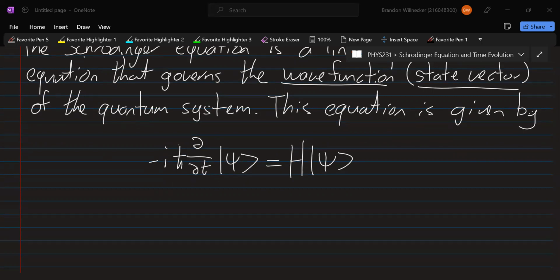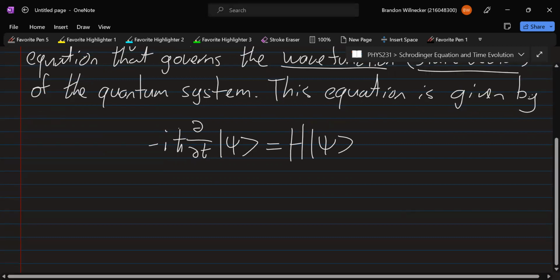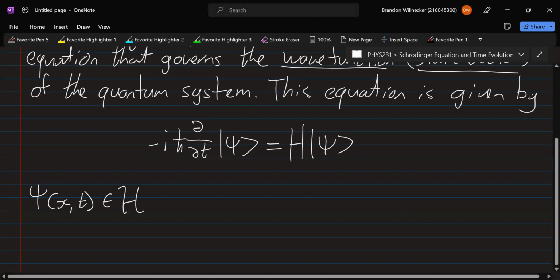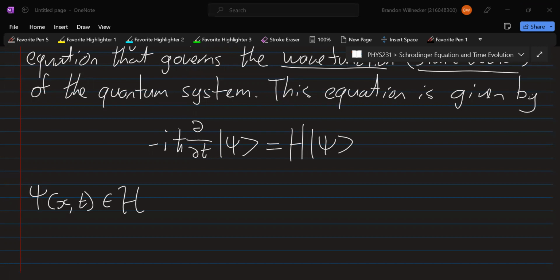Instead of working with row vectors and column vectors for finite dimensional spaces, you work with wave functions, which are functions psi of x and t. They also belong to a Hilbert space, the Hilbert space of square integrable functions. Don't worry about that.